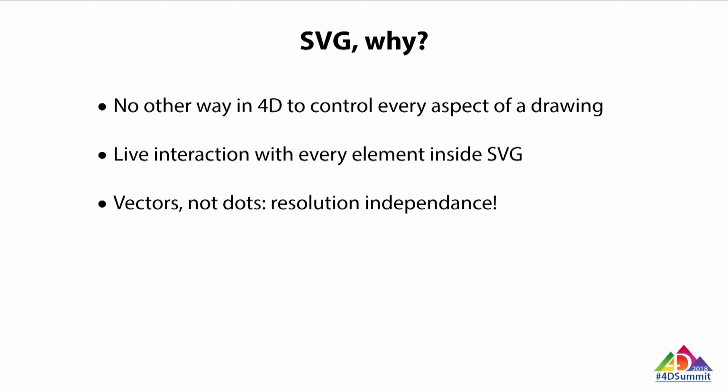Also, very nice to know is that the SVG is basically a picture, because that's how 4D deals with it, but besides the picture it's also vector based, so it means that you don't have dots, you don't have things that look like a paint application on Mac or on Windows, where you have one resolution and that's it.